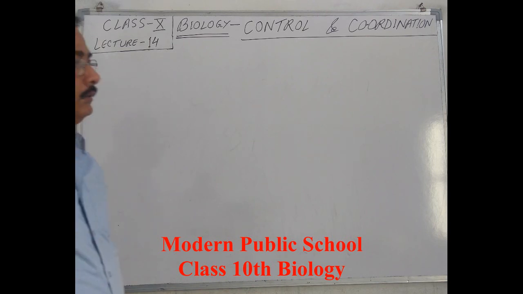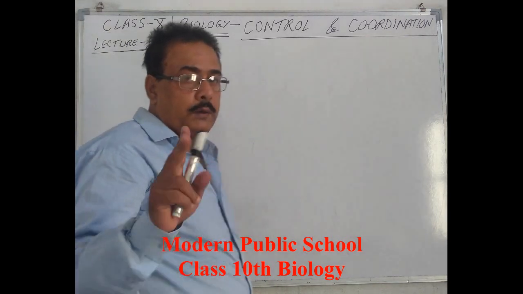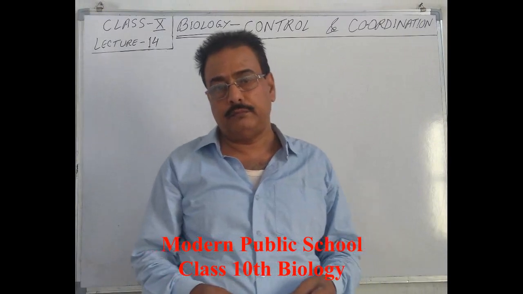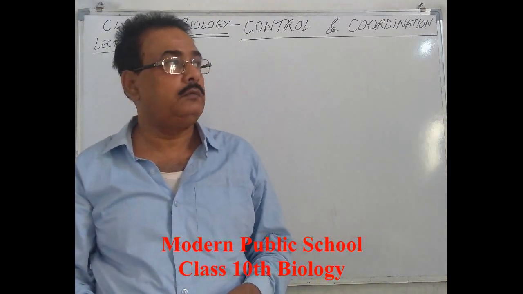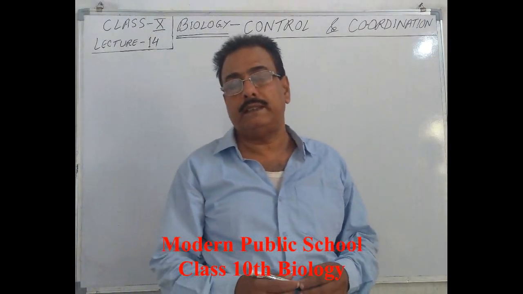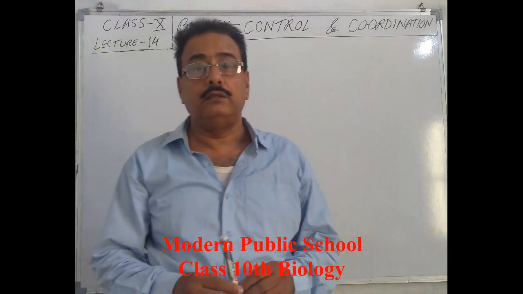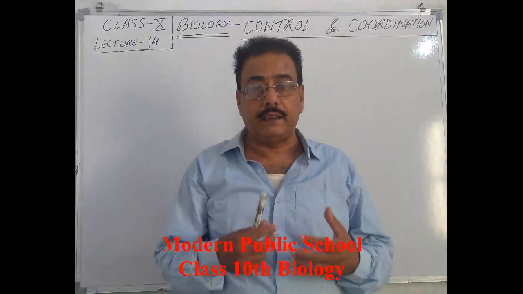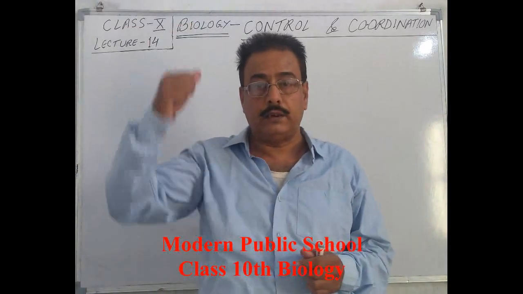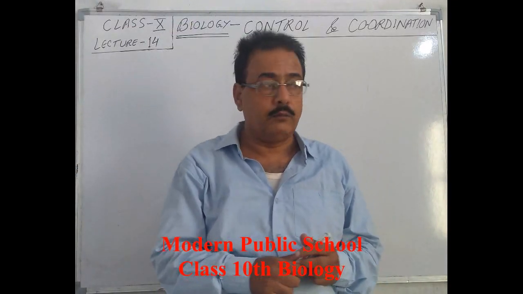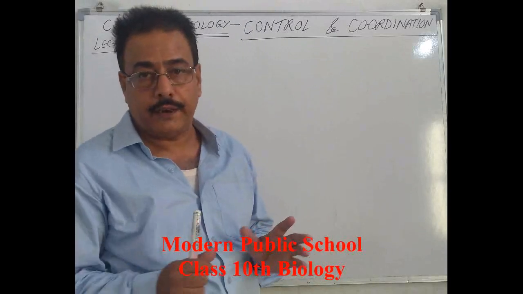In our body, there are two different types of movement. As we know, one is voluntary movement, which is according to our will, like raising a hand. Suppose I am moving, it is voluntary action.